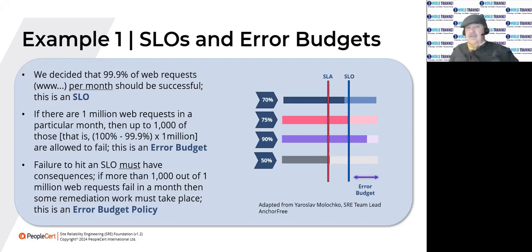Bearing in mind that SLAs are often legal agreements, there may be some financial consequences if you don't meet your SLA. So SLOs are internal objectives, and you definitely want to set your internal objectives in such a manner that you're less likely to breach your legal external commitments. So that's an explanation of that one line.